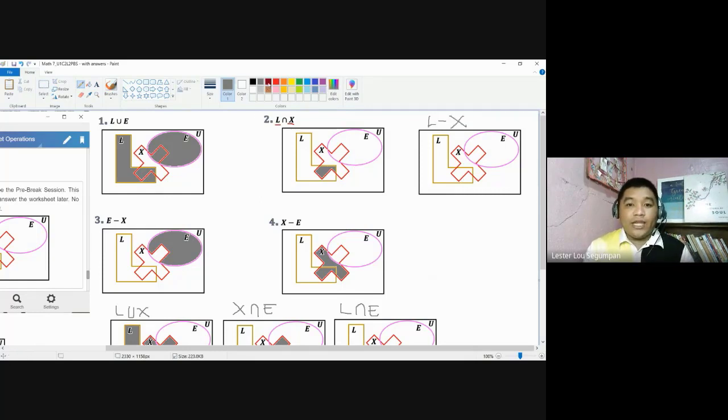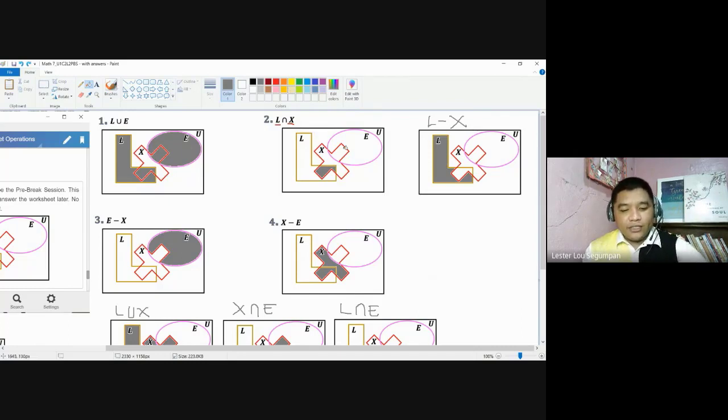We are going to shade set L first, the entirety of it, including this one. But the last portion that we have shaded is part of set X, the set we are going to remove from the given set. So by removing that, this is how L minus X looks like.